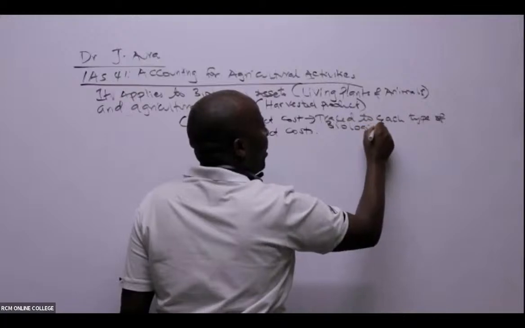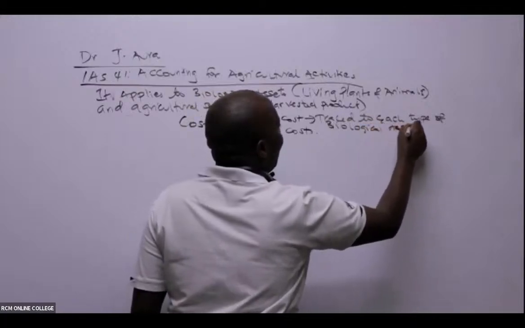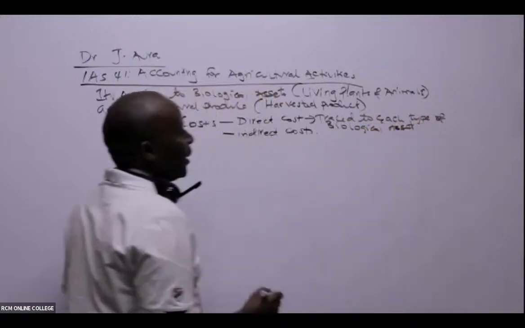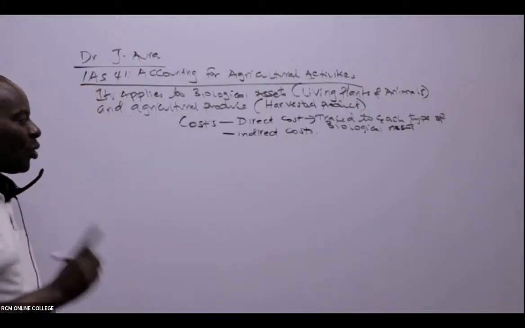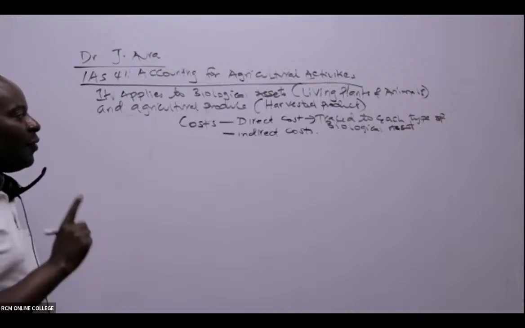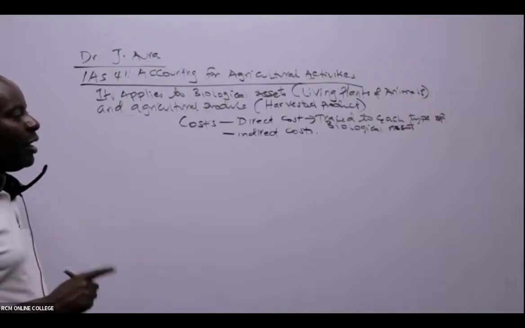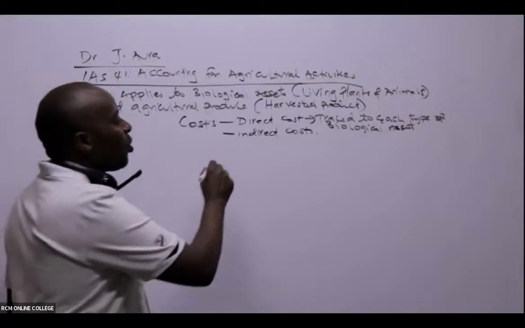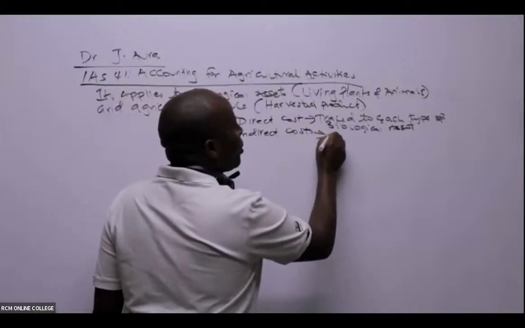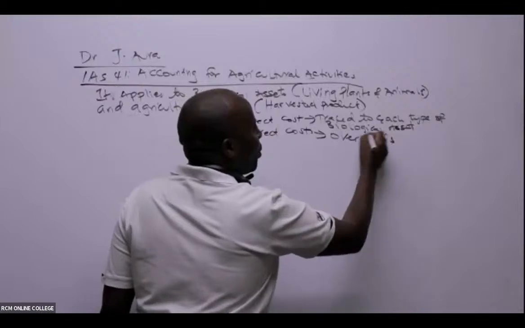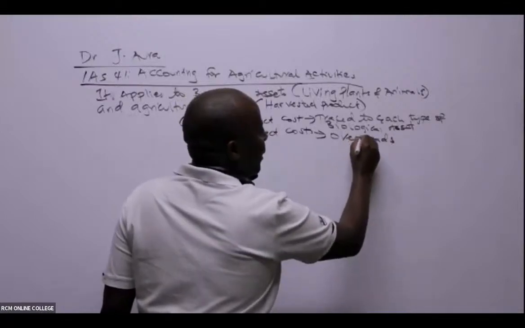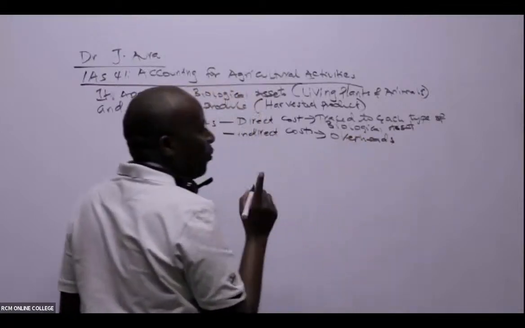So it's all about traceability. Are we able to trace this cost to a biological asset? If yes, then it's called direct. If we incur indirect costs, these are also known as overheads.